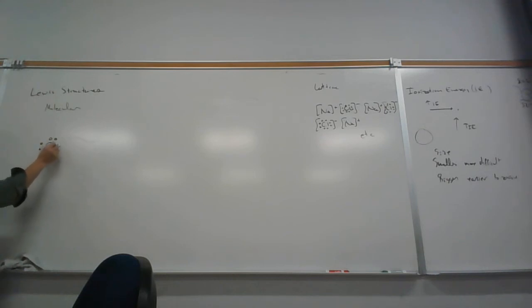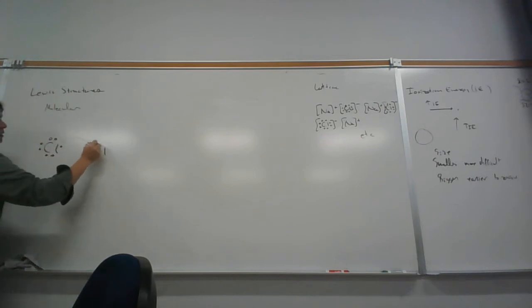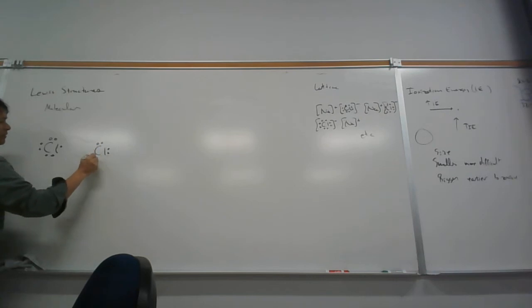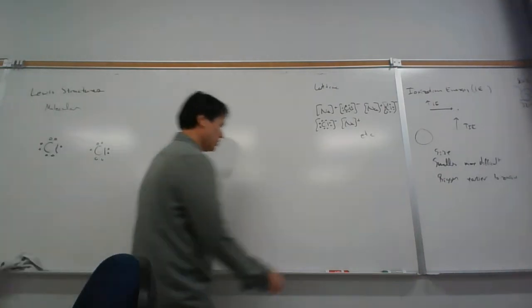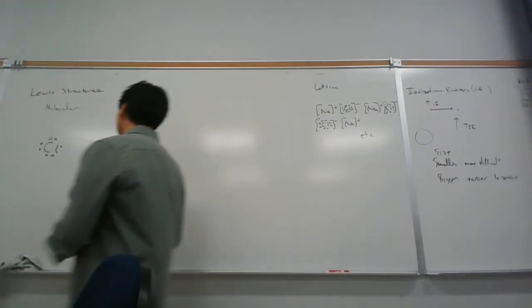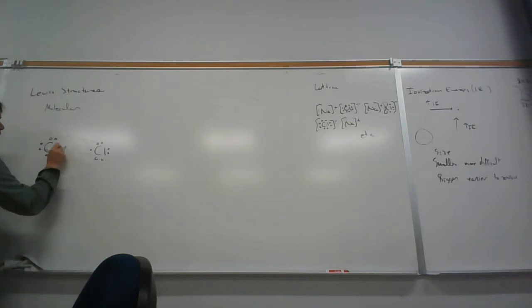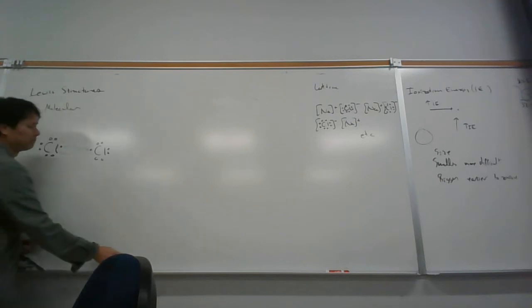The chlorine has 7, it's just 1 electron short. This chlorine has 7, it's 1 electron short. So the 2 chlorines are going to try to take each other's electron. This chlorine is going to try to pull off this electron, and this chlorine is going to try to pull off this electron. Well, what's going to result is a tie.